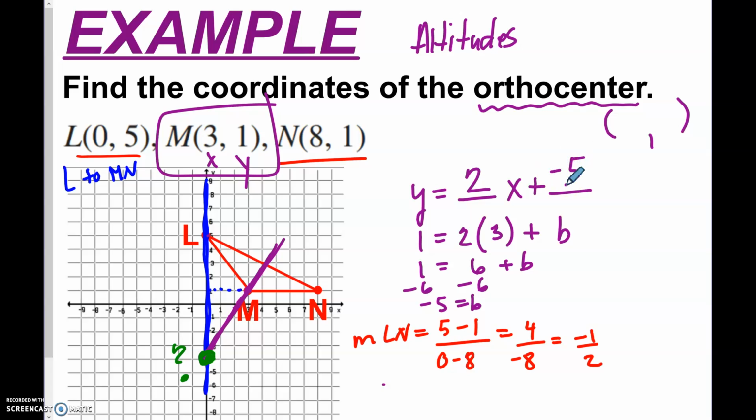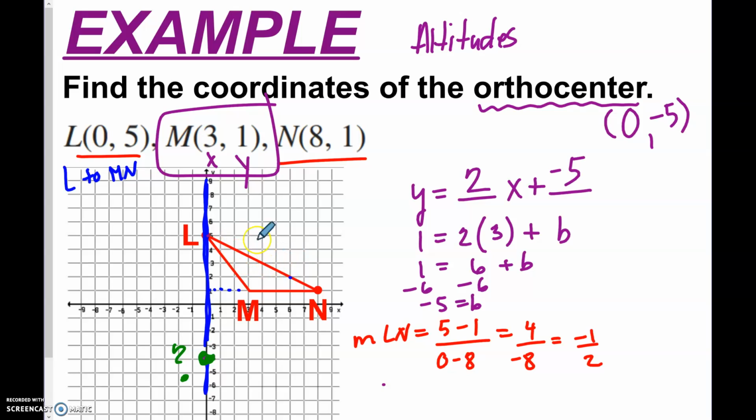So the point where it's going to meet is at 0, negative 5. Let's be a little more accurate here. In my drawing, if I count this slope better, it's up 1 over 2, up 1 over 2.